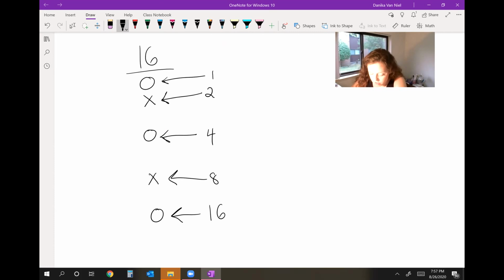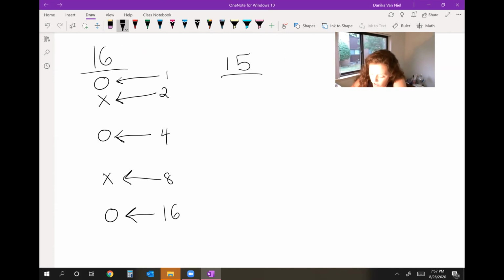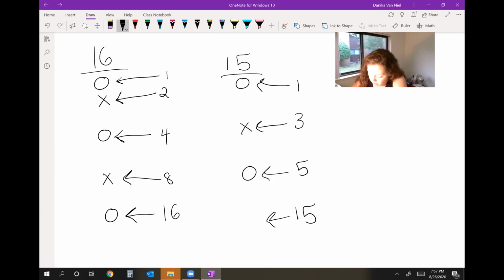So let's do another example that is not a square. 15. Let's do 15. Okay, so 15, its multiples are 1, 3, 5, and 15. Okay, so 1 we open. 3 we close. 5 we open it again. 15 we close.